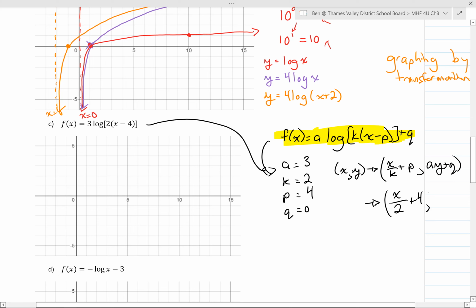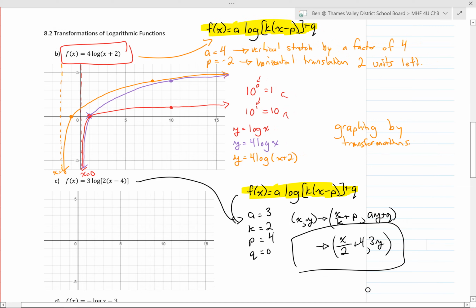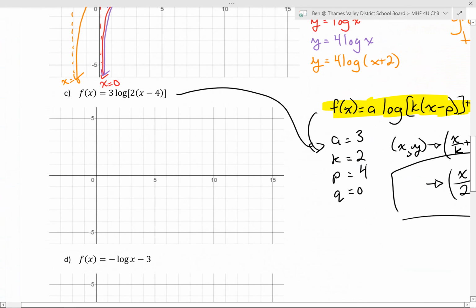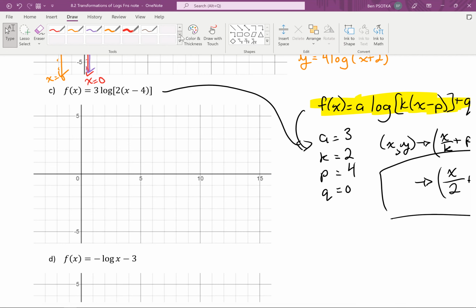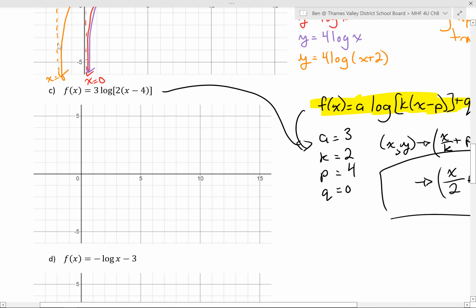A here is 3, y plus q, which is 0. Right, so here's my mapping rule for this function: (x over 2 plus 4, 3y). Now, again, I can plot the 2 points on my original function here. Same 2 points as up above, that is (1, 0) and (10, 1), with a vertical asymptote.